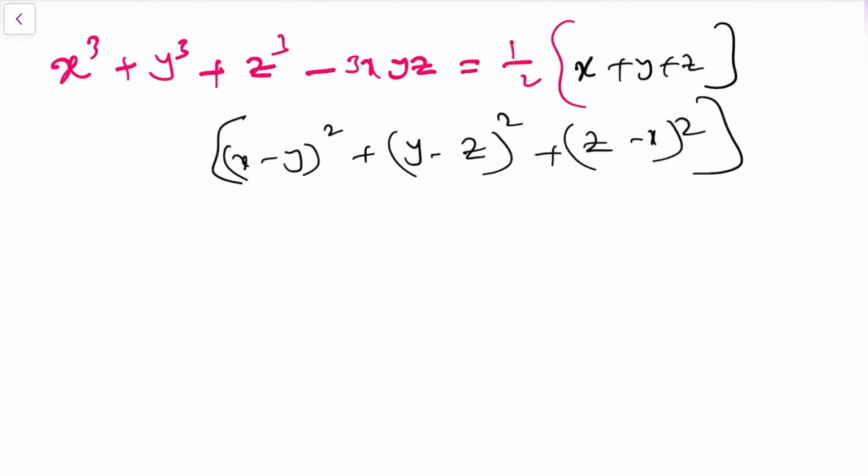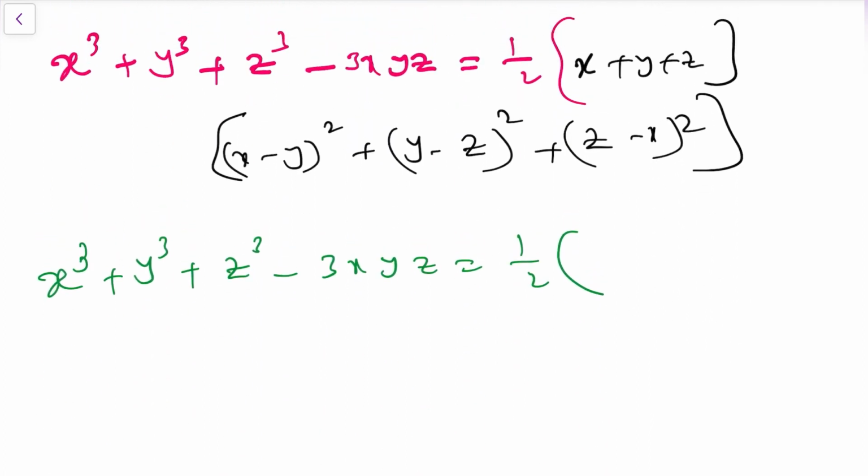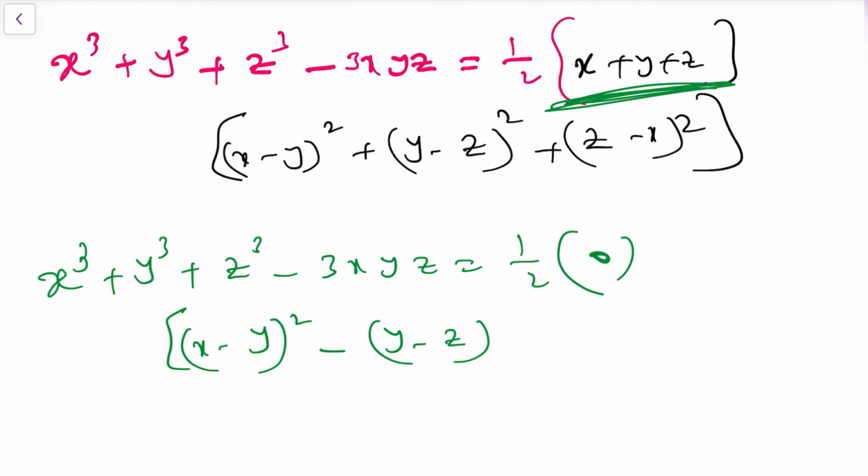So left side as it is, x cube plus y cube plus z cube minus 3xyz is equal to half into, in the question itself he gave clearly that x plus y plus z value is 0. So substituting 0 in place of x plus y plus z, into (x minus y) whole square plus (y minus z) whole square plus (z minus x) whole square.